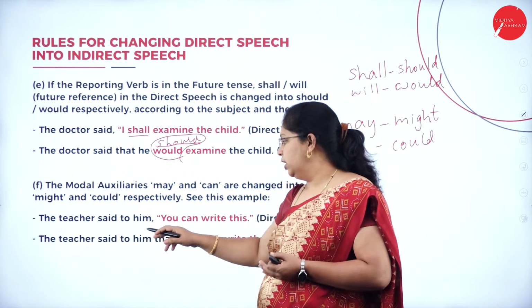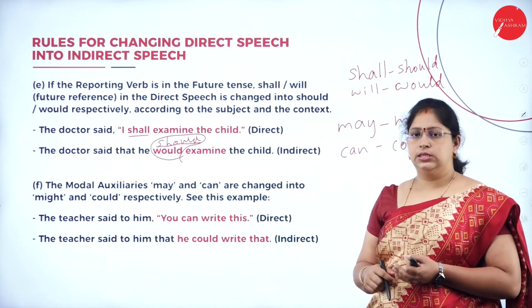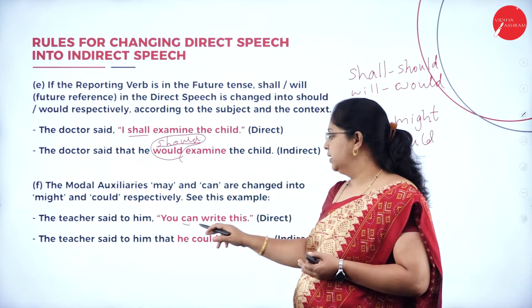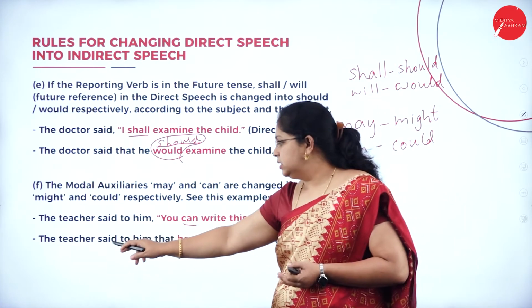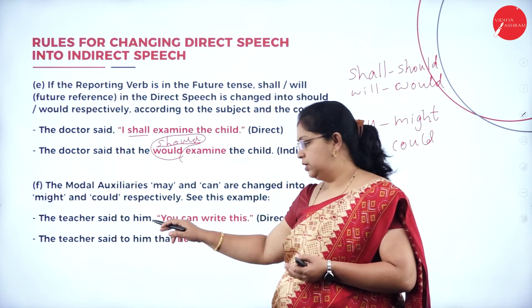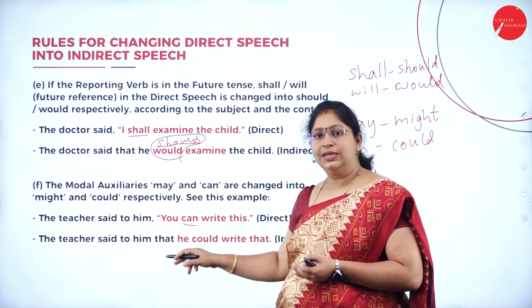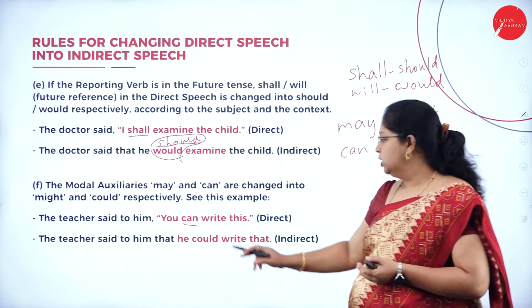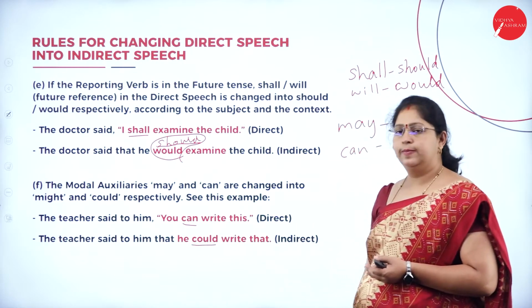The teacher said to him, "You can write this." So what is the change we need to do? We need to observe can, correct? So the teacher said to him, the comma is removed, instead of the comma we have brought that. The teacher said to him that he could write that. So can becomes could.